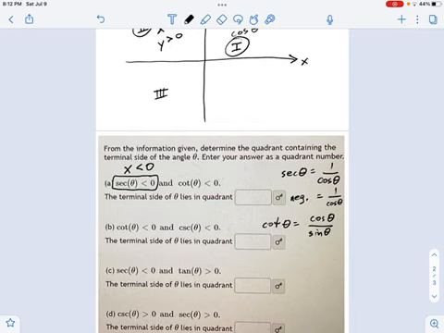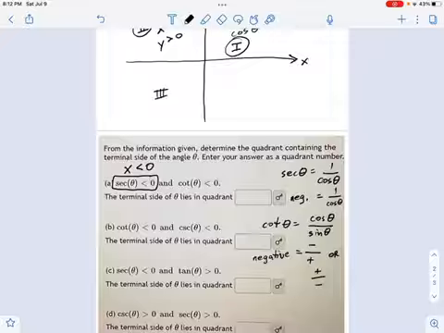So if the cotangent is negative, that means we've either got a negative divided by a positive, or a positive divided by a negative. It has to be one of those two. So either cosine is negative and sine is positive, or cosine is positive and sine is negative.